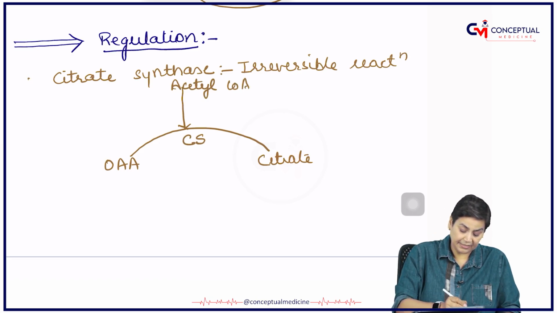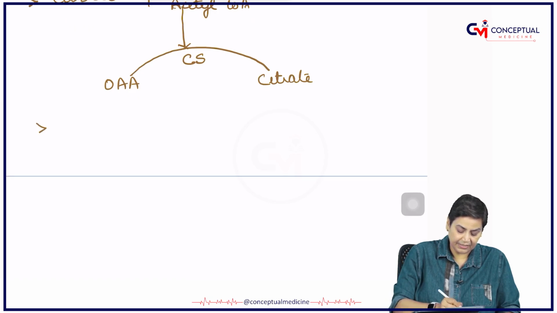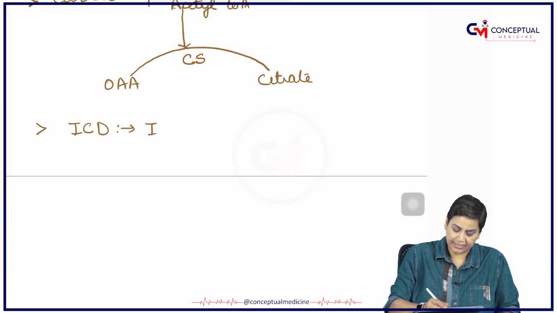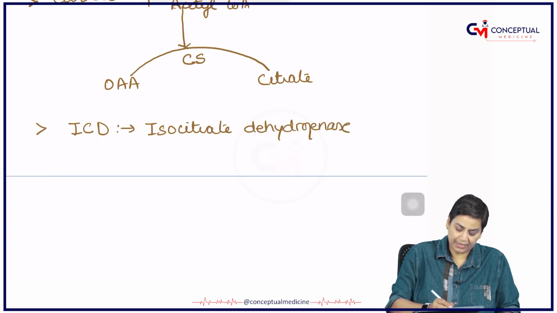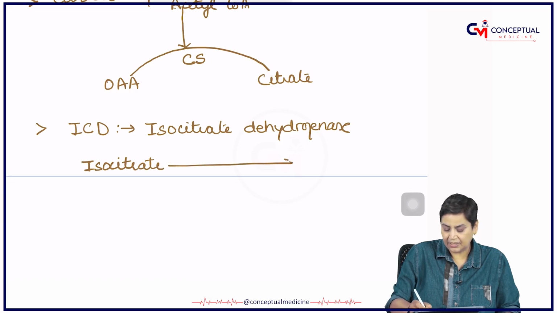Right. And the second enzyme, in fact, the rate limiting enzyme is isocitrate dehydrogenase. Isocitrate dehydrogenase is the rate limiting enzyme of this reaction, which is simply converting isocitrate in the presence of ICD to alpha-ketoglutarate.